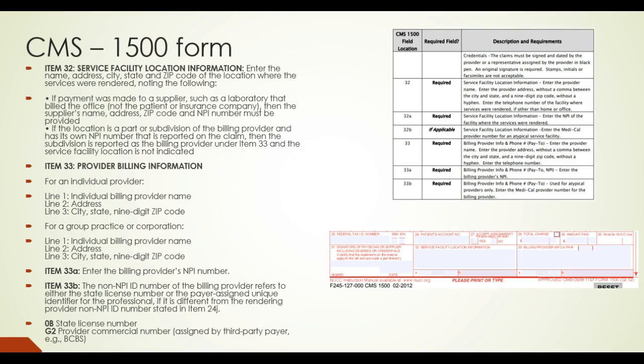And then also, at the bottom in A, you want to put the NPI number for that provider. And then in B, if they have a non-NPI number, but they have a state license number, you want to put that in item B. And the same goes for 32. If they have an NPI number, you want to put it there. Okay?